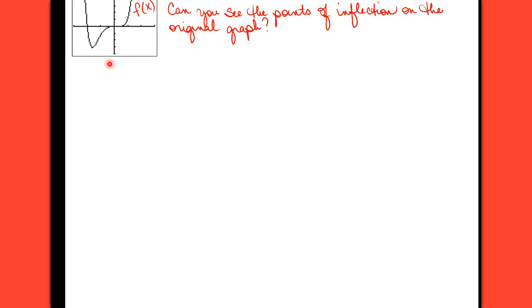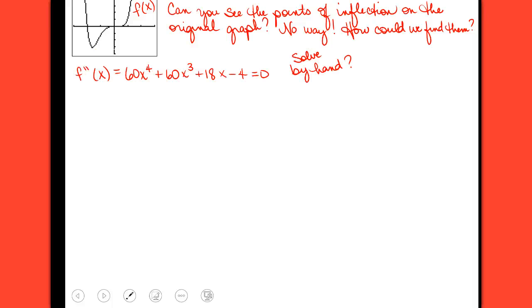All right? So if I want to find my points of inflection, what do I need to know? I need to know the second derivative. What about the second derivative? Possible points of inflection are going to be where the second derivative equals what? 0, yes. So I could go through then and I could find them with my second derivative.